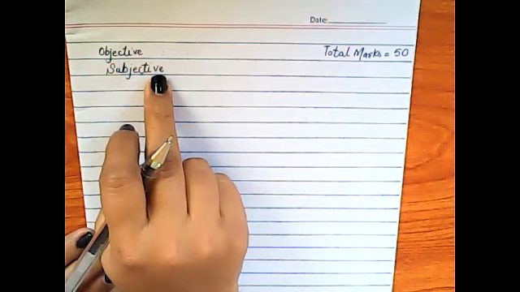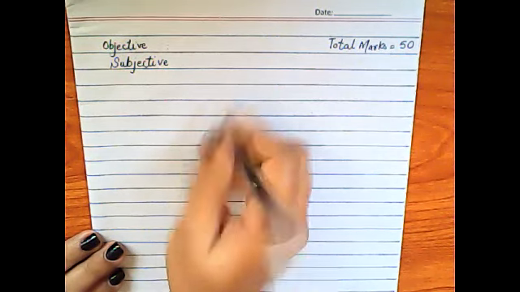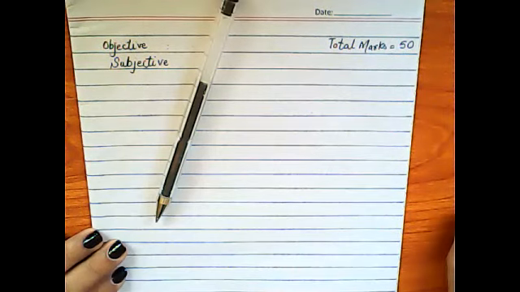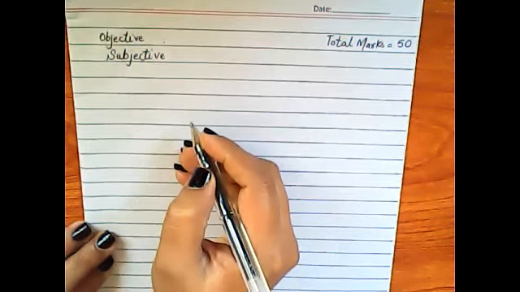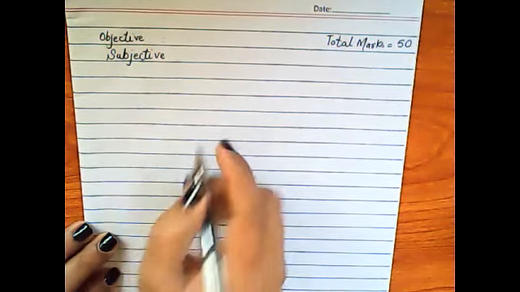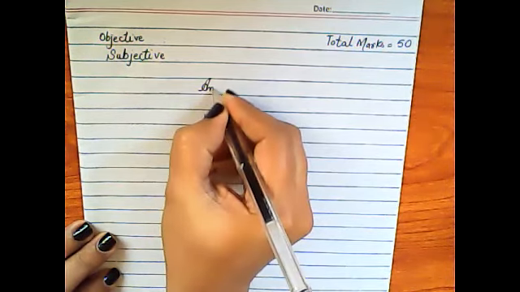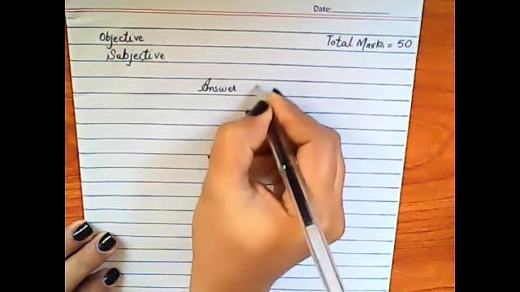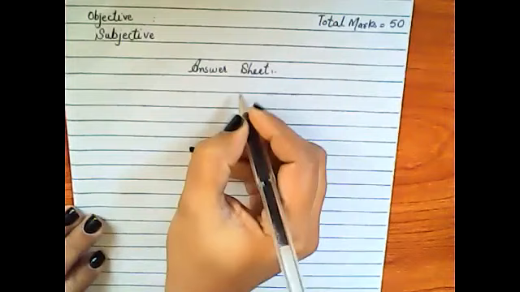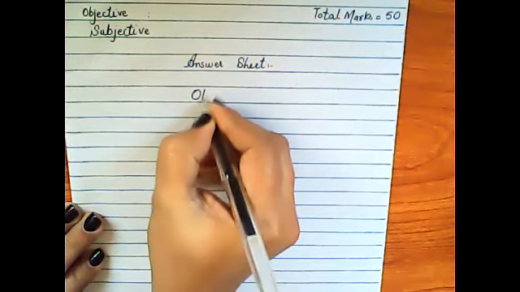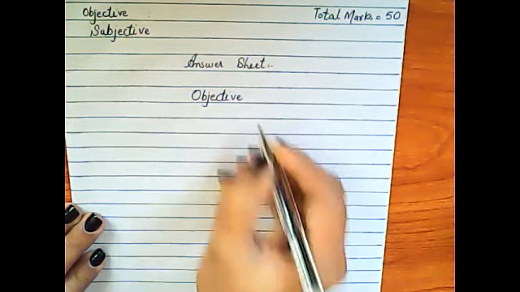Now next is how will you attempt your paper. First of all, your first section will be the objective section. Just suppose this is your answer sheet. What you will do in your answer sheet, first you will write down the heading of objectives, meaning you are going to attempt objectives here.